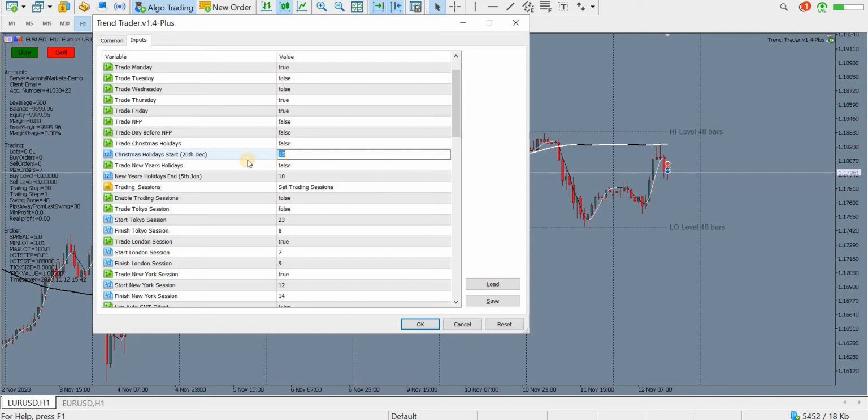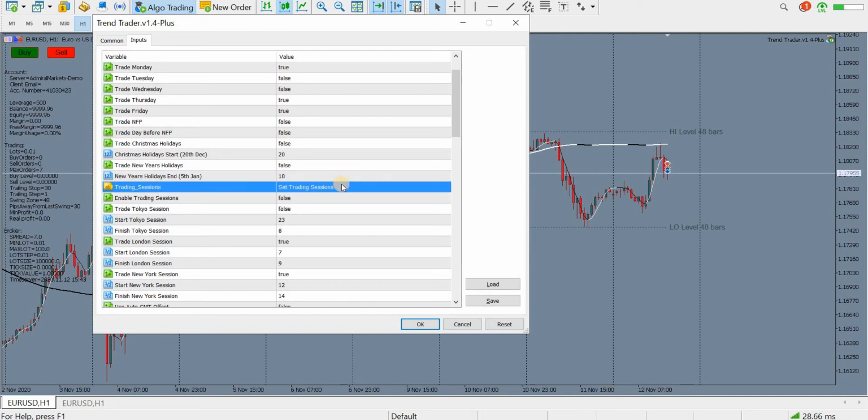Maybe you want to disable it for the entire December, so you don't want to trade from this date until the end of the year. And if you disable trading by setting trade New Year's holidays to false, then the expert advisor will not trade from the beginning of the year until the 10th of January in this scenario, basically for the first 10 days.